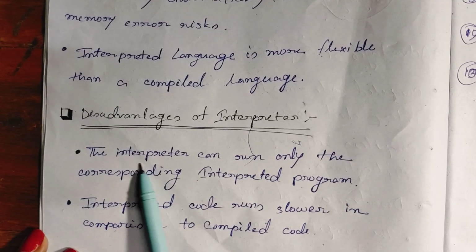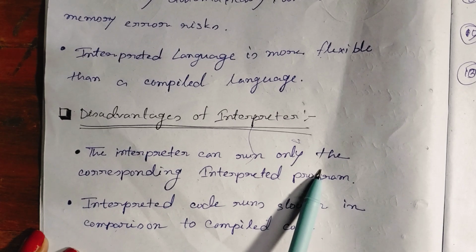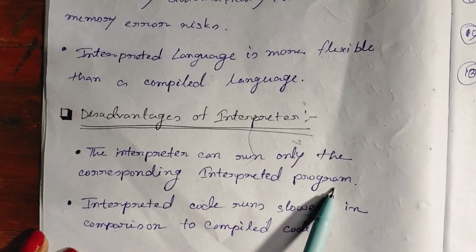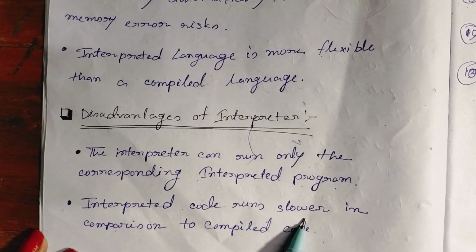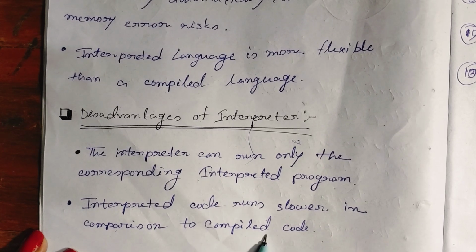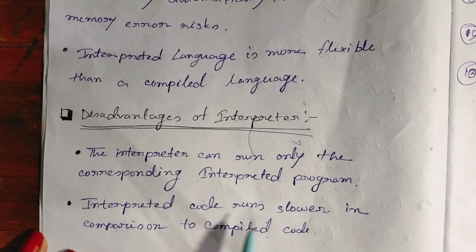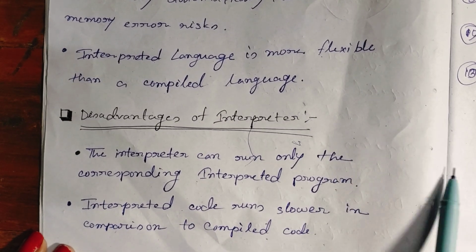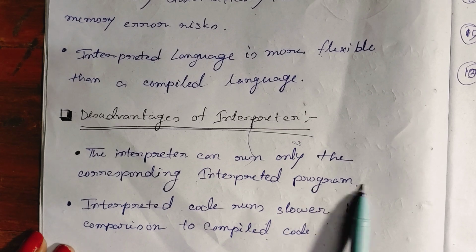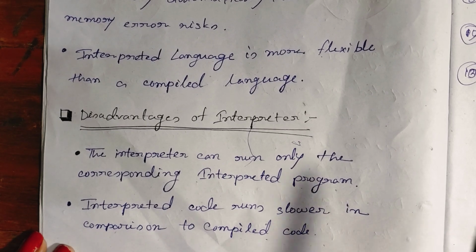Disadvantages of interpreter: the interpreter can run only the corresponding interpreted program. Interpreted code runs slower in comparison to compiled code. Why so? Because it only executes the code line by line. That's why it is slower.